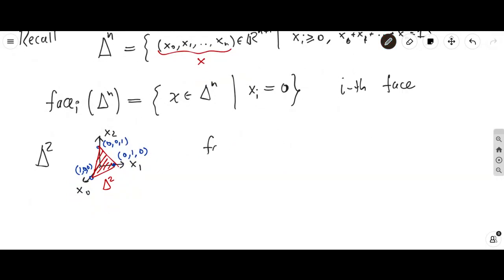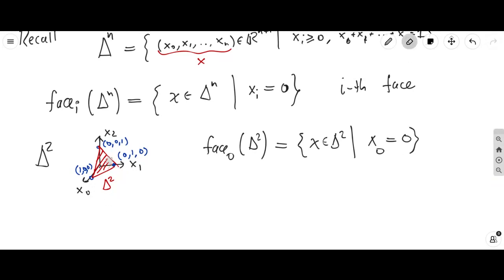And now if you take, let's say, face 0 of delta 2, that would just be points in delta 2 so that the 0th coordinate is equal to 0. So if x0 is equal to 0, that means you're right over here. So that's how it looks. And as you can see, this is now a one-dimensional simplex, so this is going to be homeomorphic to delta 1.